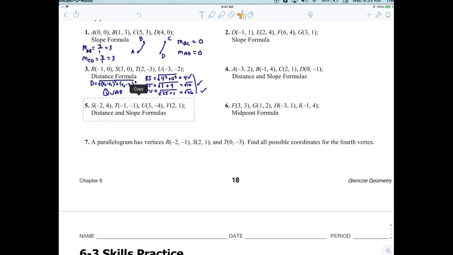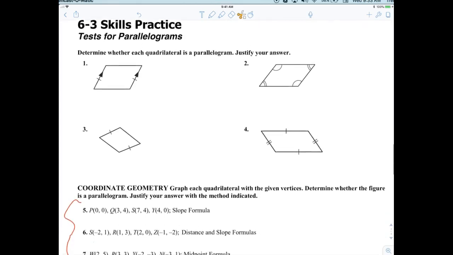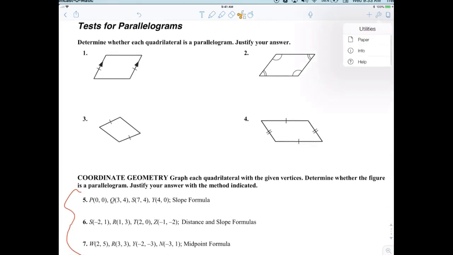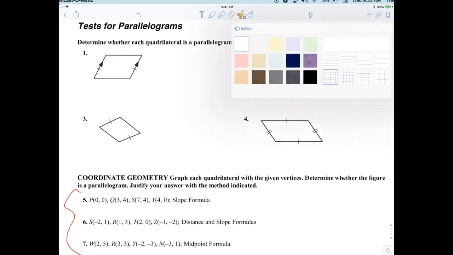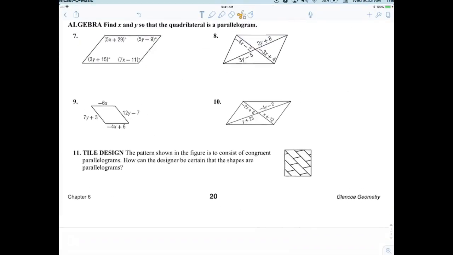Just do the midpoint, and if the midpoints come out to be the same, then it's automatically a parallelogram, which we'll discuss on number 6 in a second. I'll copy that, and now I'll graph this down here just so I can show you what we're talking about.